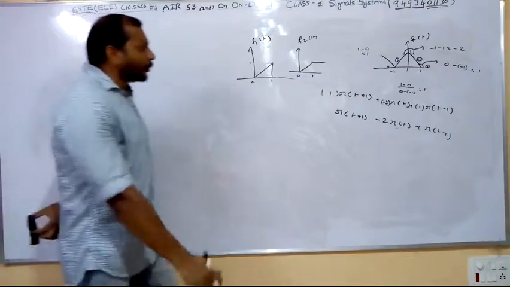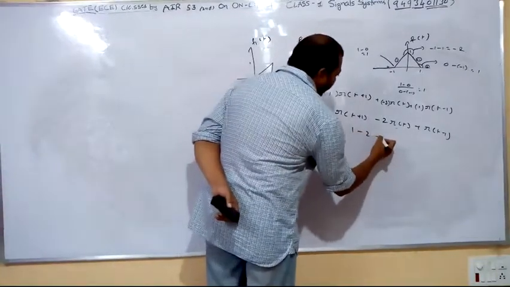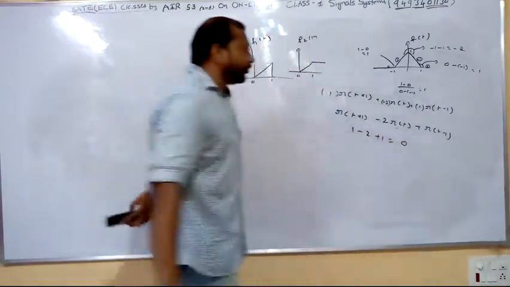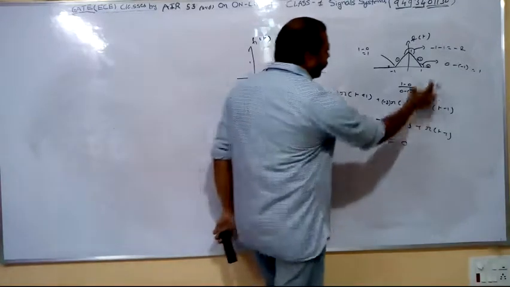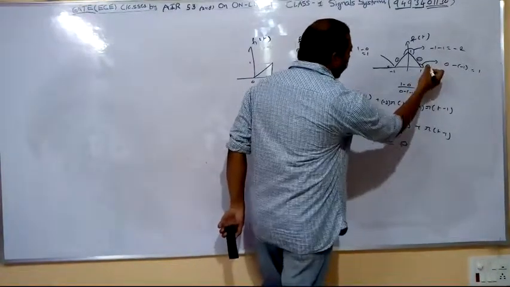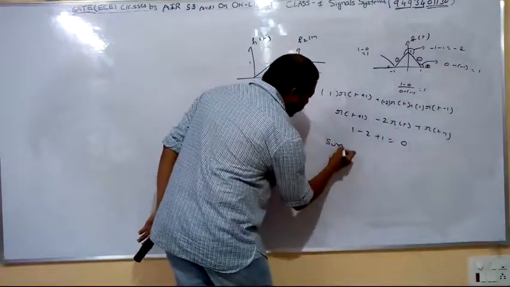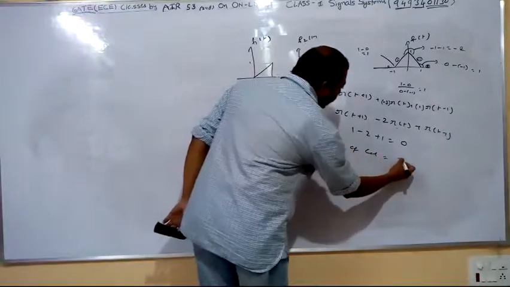Here the sum of their coefficients is equal to 1 minus 2 plus 1 is equal to 0, which is your final slope. Final slope of the signal is equal to 0 only. So the sum of the coefficients will give you the final slope of the signal. Take input a note.